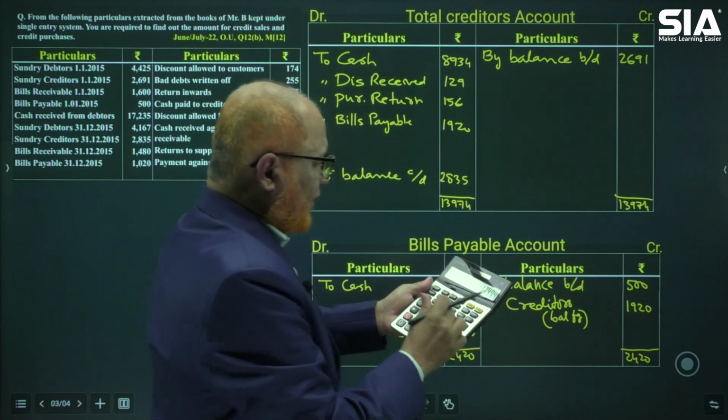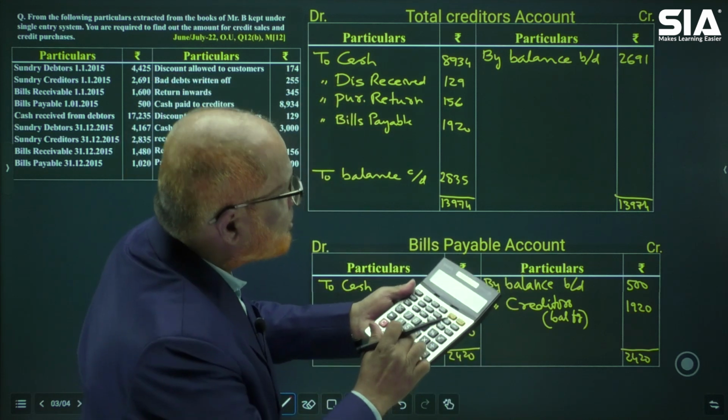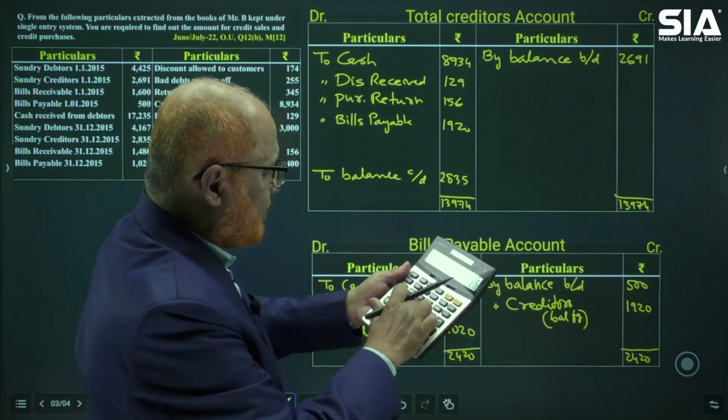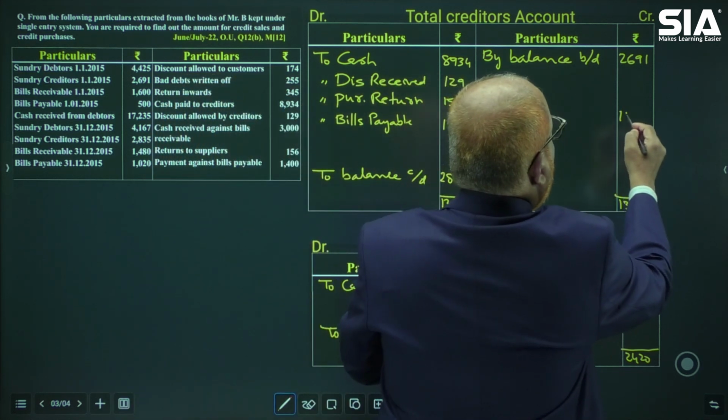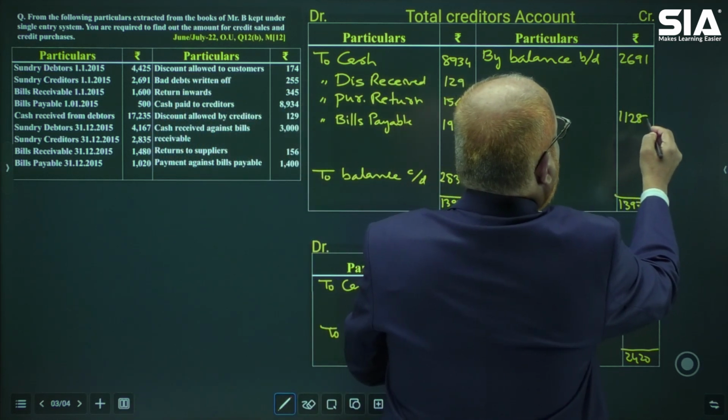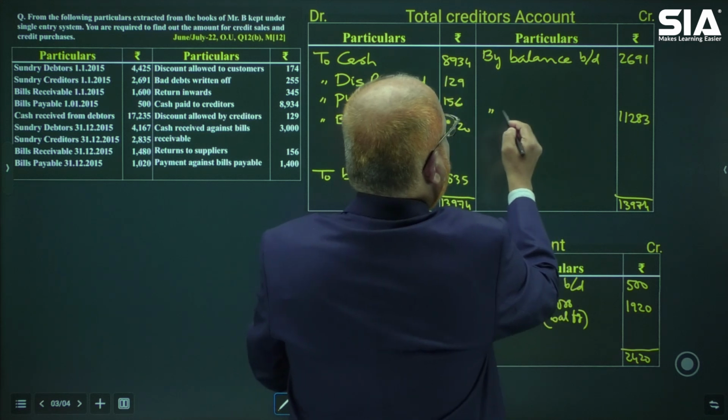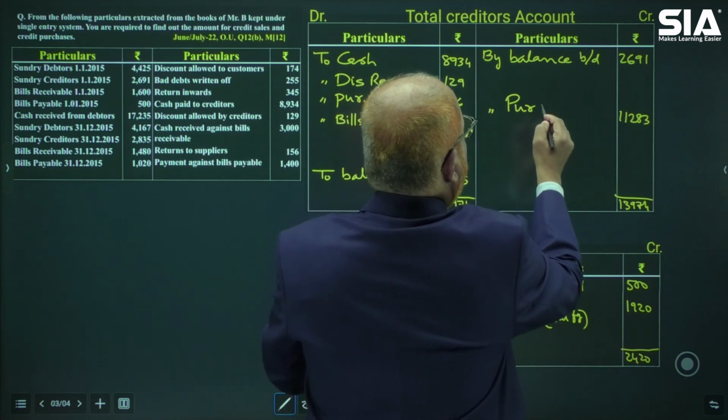From 13,974 minus 2691, it comes to 11,283. This 11,283 are the purchases.